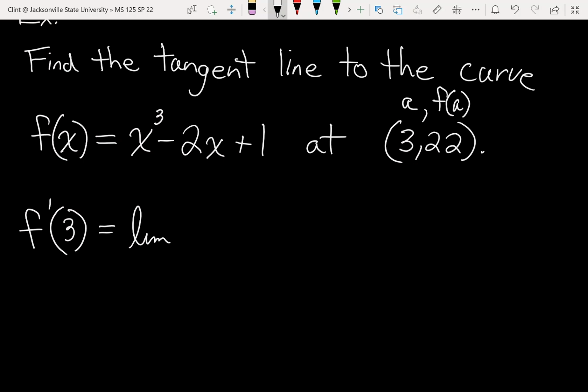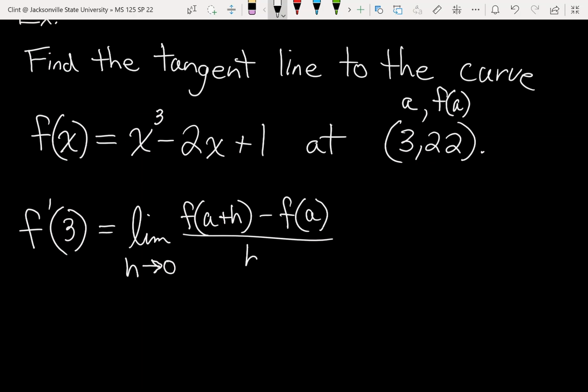So that is the limit as h approaches 0 of f of A plus h minus f of A over h. So we can think about it that way for now. 3. We'll save this till the end. Or should we? Let's see.